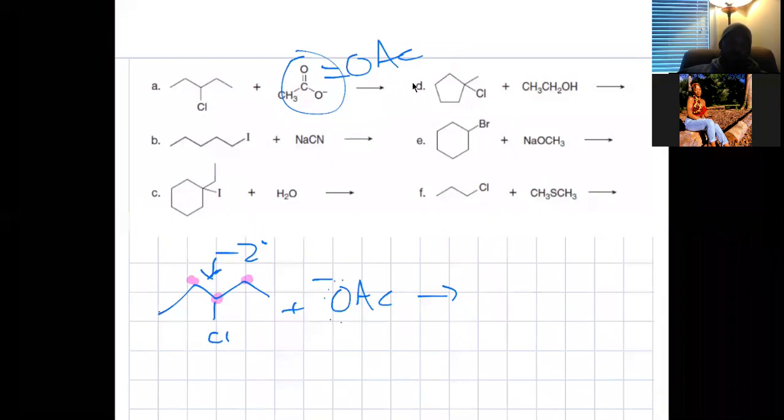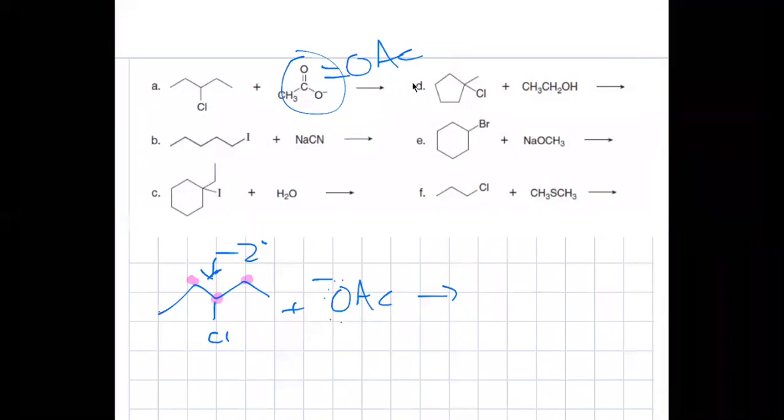All right. So we have a secondary carbon. We don't have the solvent, but what can you say about a secondary carbon? What do you know about the substitution mechanism it'll go through? Can it do both? Yes, it can do both depending on the solvent. If it's in a protic solvent, it's going to be SN1.